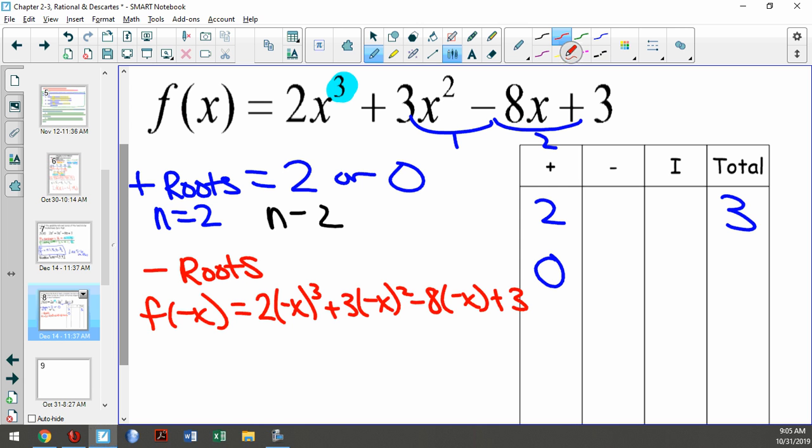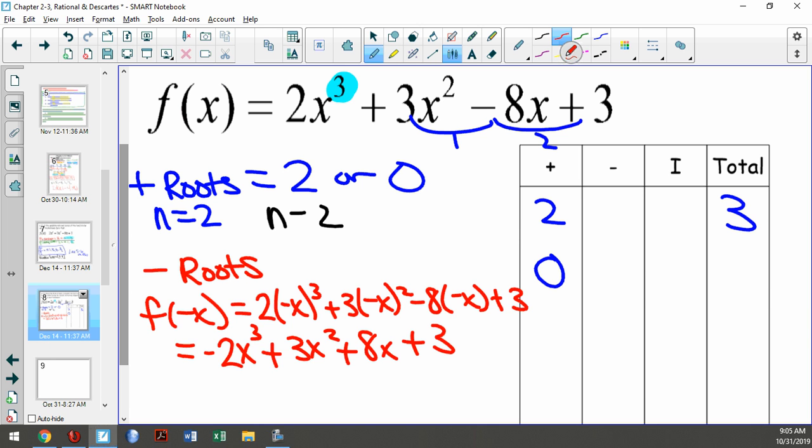So whenever you do that, what is a negative x times a negative x times a negative x? A negative x. So this becomes a negative 2x cubed. Now, what happens whenever I take negative x times negative x? So that makes that a positive 3x squared. And what's a negative 8 times a negative x? Positive 8. And the plus 3 hangs out.